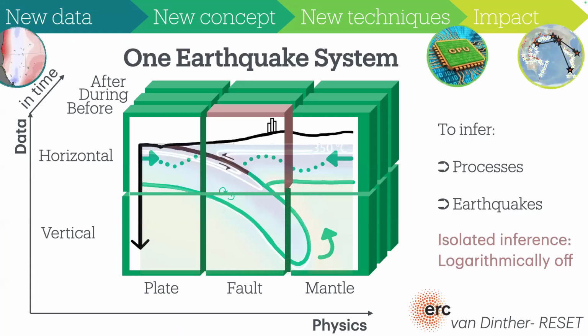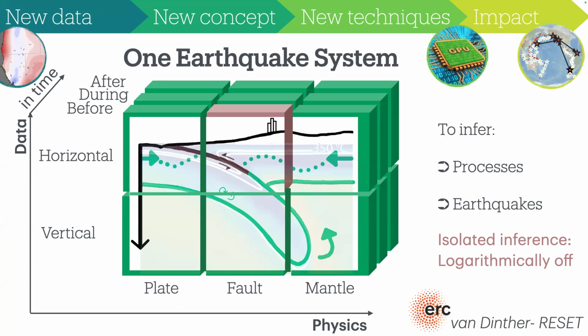Just one announcement for you, because I received this ERC Consolidator grant and another project that together give me about 3 million euros to look at an integrated form of this earthquake system. So both in terms of the physics that we already explained and discussed a bit in Dinther, where you have plate tectonics, the fault and the mantle, that together are needed to also understand the vertical velocities that we measure.